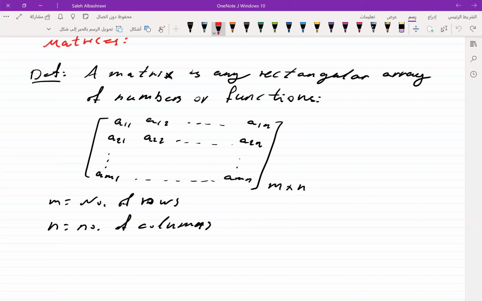This M by N is known as the size of the matrix. So we say this is a matrix of size M times N. It means that it has M rows and N columns.